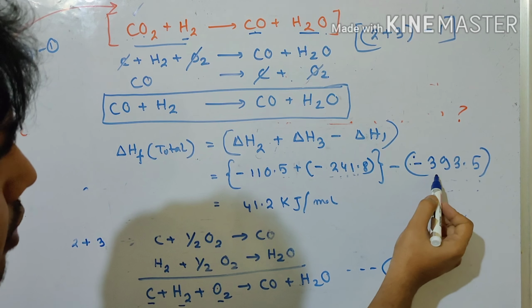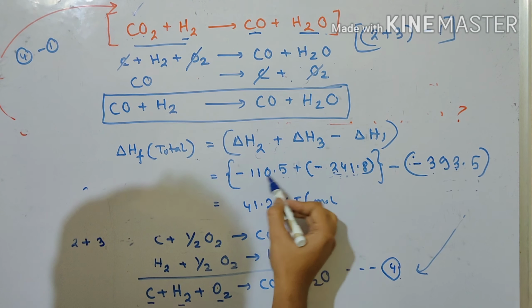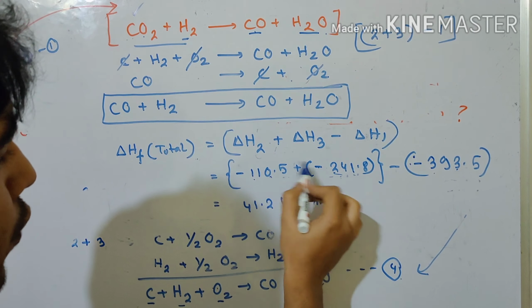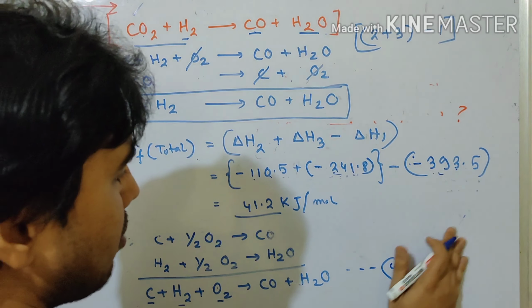Because see, you are getting 393 around, and here it is 241 in minus, here it is 110, so it is 352 around, and here it is 393, so this should be the answer. You can check by yourself.